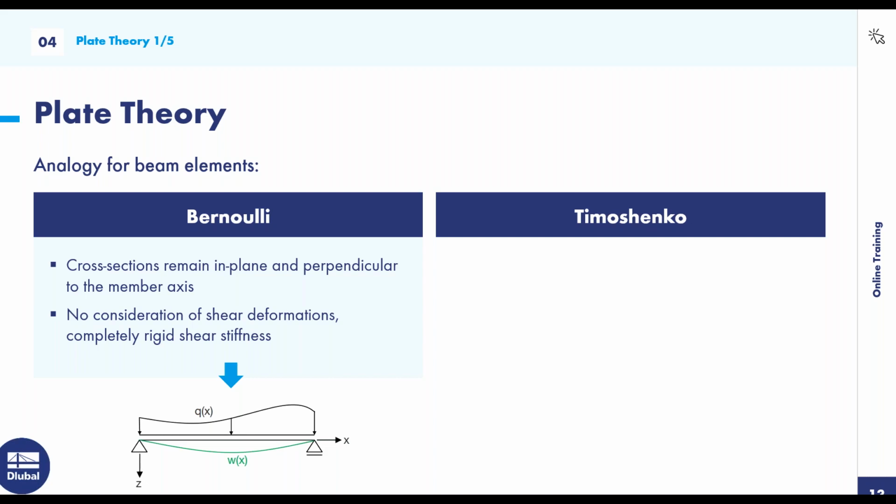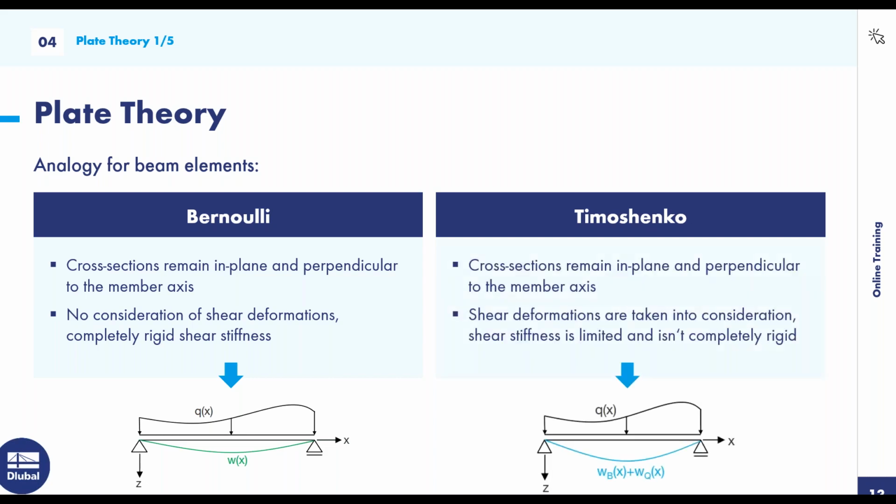And the second one, most importantly, is that there is no consideration of shear deformations, and the shear stiffness is completely rigid. For the Timoshenko theory, the first assumption is the same as Bernoulli's, that the cross-section remains in plane and that it's always perpendicular to the member axes. But the biggest difference is that shear deformations are taken into consideration, and the shear stiffness is limited and not completely rigid.